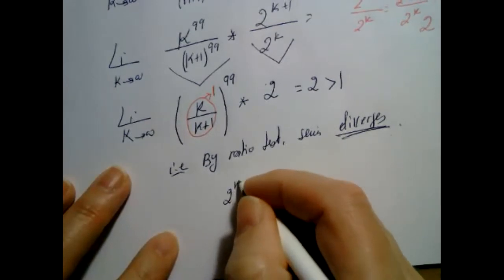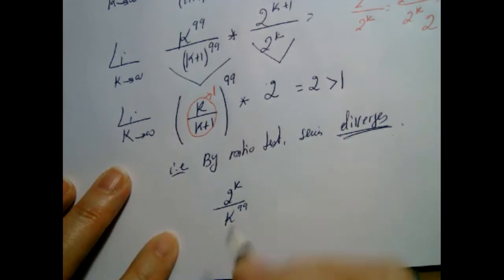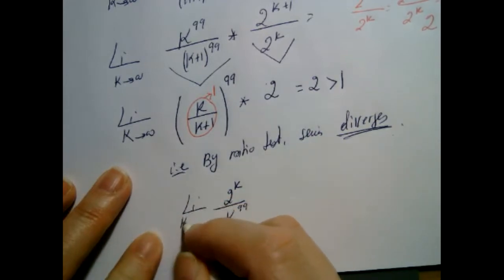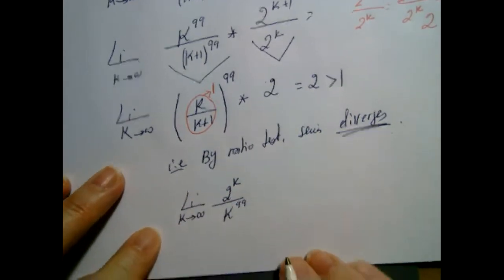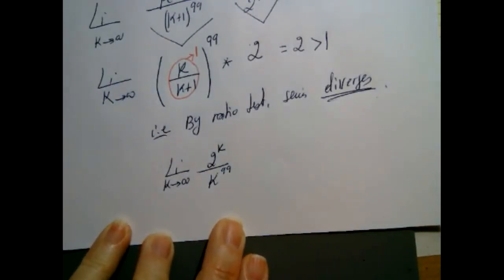Intuitively, though, when k goes to infinity, what do you think is going to be the limit of that expression? Which one goes to infinity faster? Anybody have any idea? Oh, k to the power 99, a lot faster. You guys agree with him?